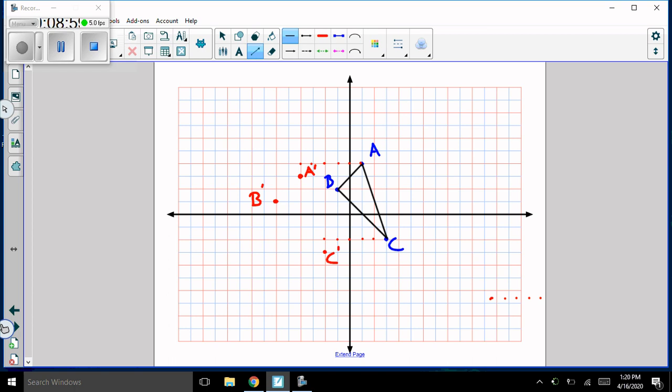So if I drew the situation there, once again, there's A to C. Here is C to B, followed up by B to A. And again, remember, notice that I have used the notation right there, A prime, B prime, C prime. So we should be good to go. Those are the same exact triangles. All you did was slide A, B, C 5 to the left and 1 down.